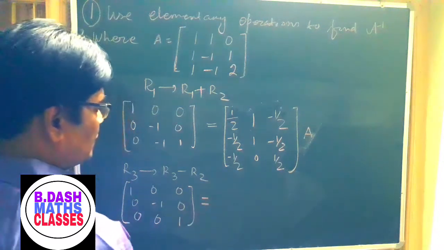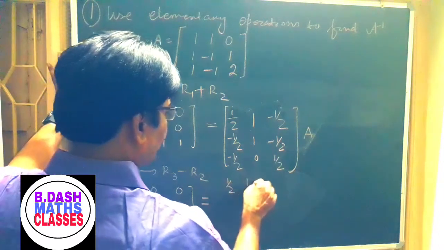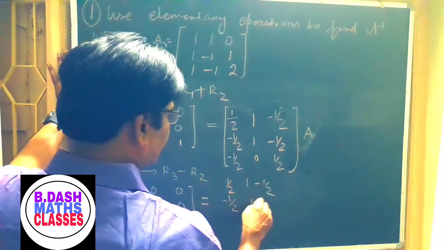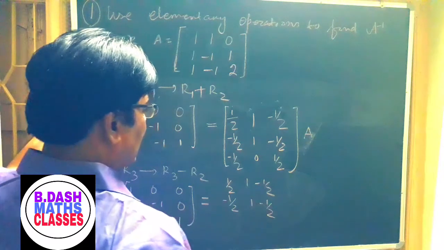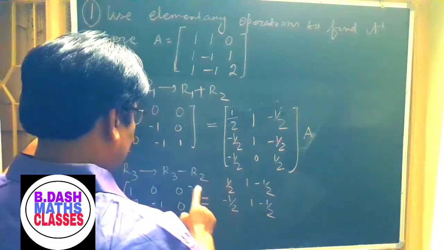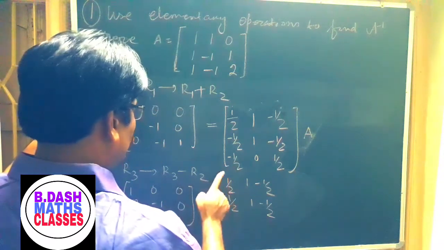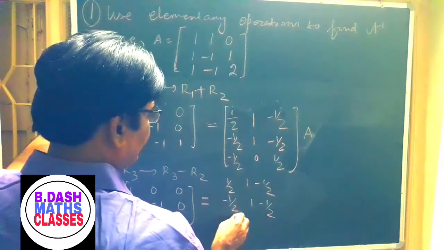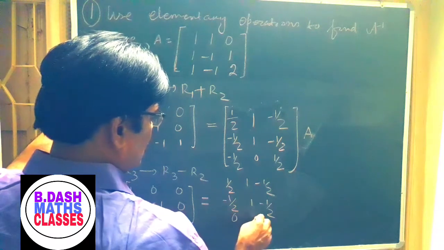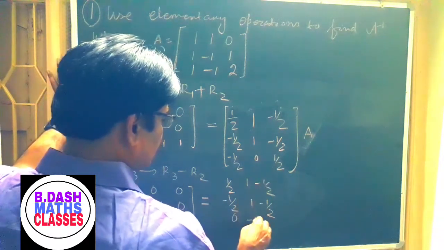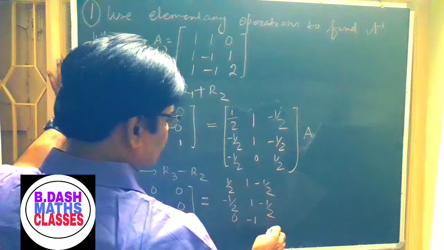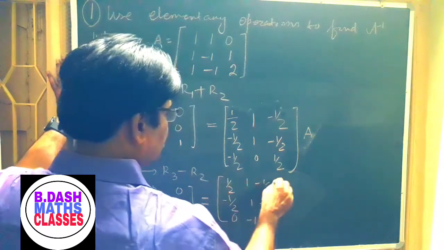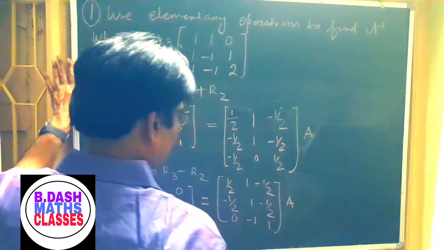On the right side, the first row will remain as such, the second row will also remain as such, and the third row will be changed because row 3 is replaced by row 3 minus row 2. Minus of minus half plus half, 0; 0 minus 1; half minus of minus 1 plus 1. So this matrix we are getting now.